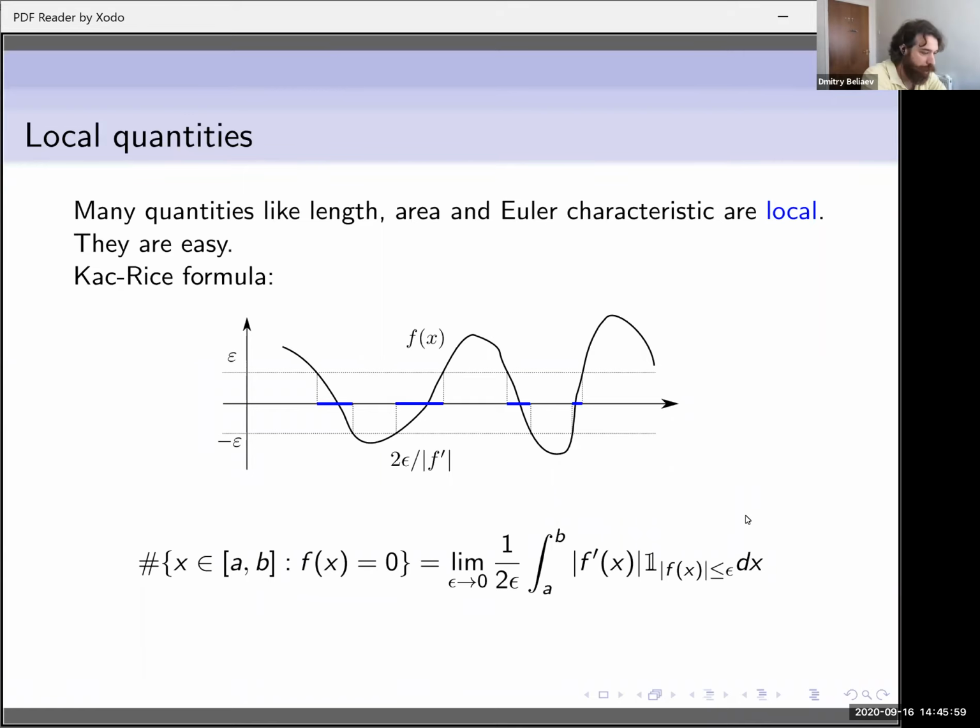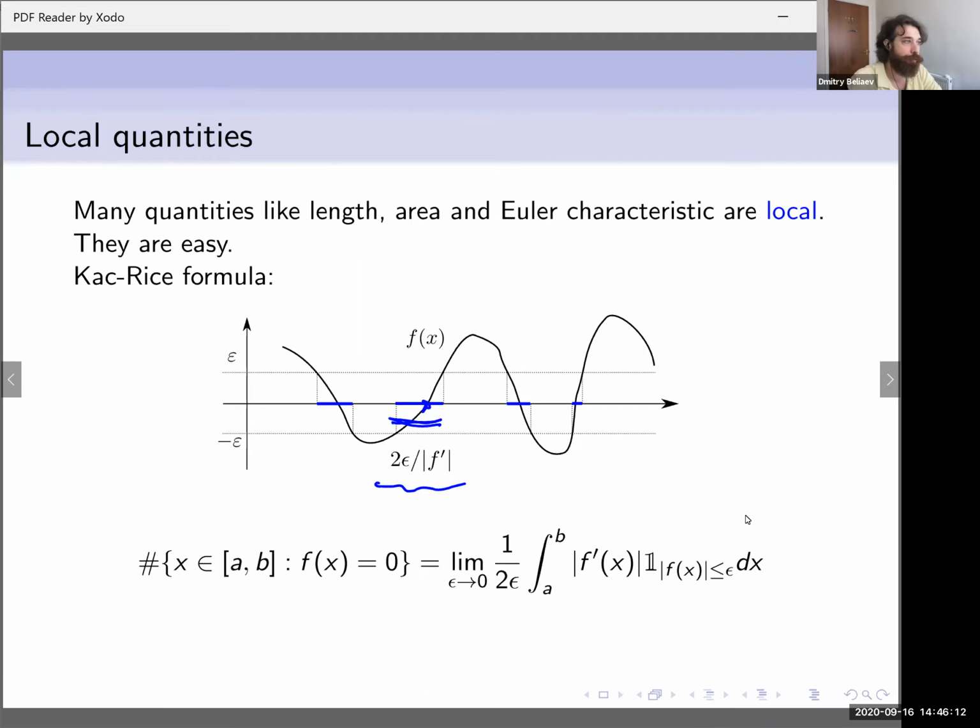So if you have a zero, and then you look at the set where function has modulus less than epsilon, then roughly speaking, the length of this interval is something like 2 epsilon divided by f prime. Which means that if you look at this integral, then it's, well, more or less, 2 epsilon times number of roots. So if you rescale it by 2 epsilon, pass to the limit, you get number of zeros.